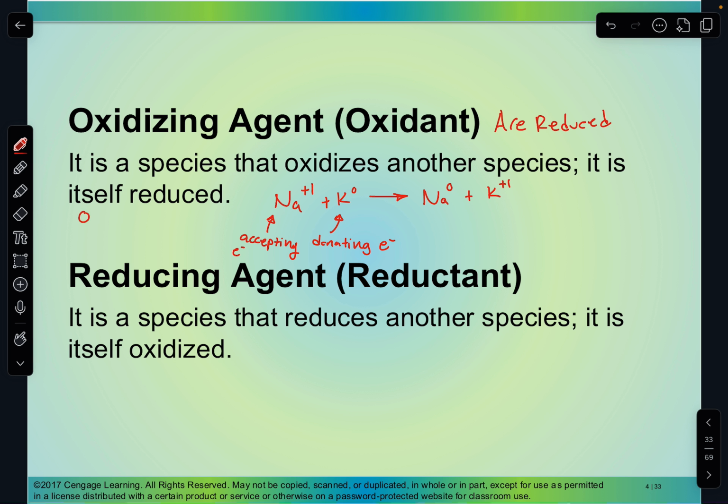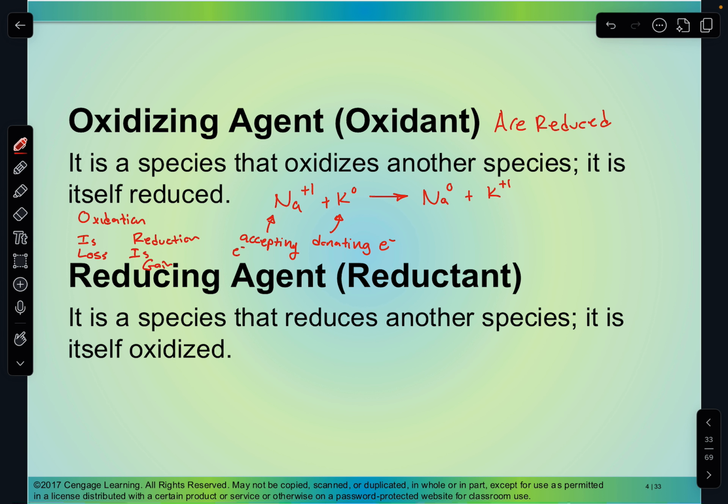And if we go by O, oxidation is loss, and reduction is gain.